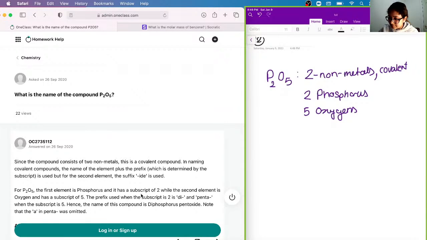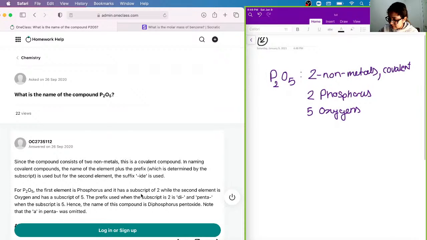The name of the element plus the prefix, which is determined by the subscript, in this case 2 and 5, is used, and for the second element the suffix is "-ide". For P2O5, the first element is phosphorus with a subscript of 2, while the second element is oxygen with a subscript of 5.